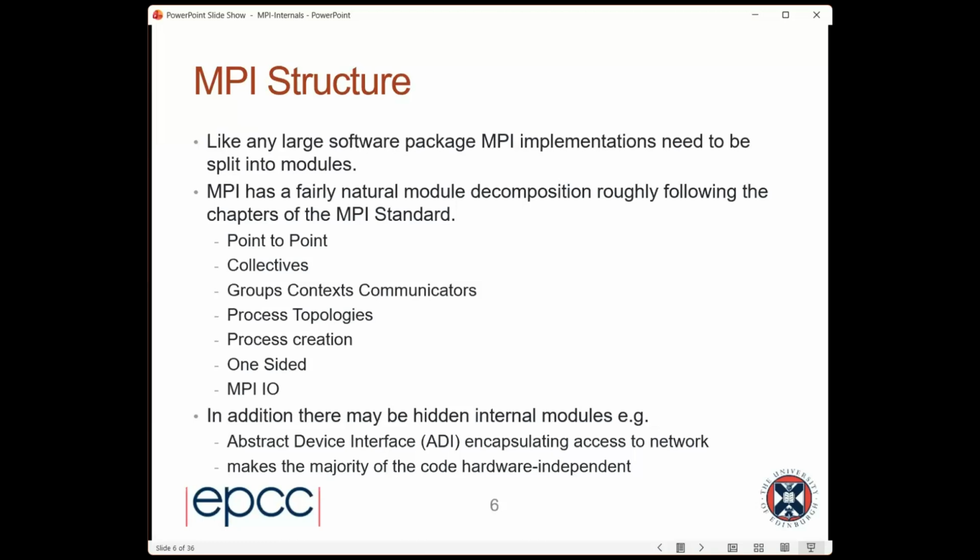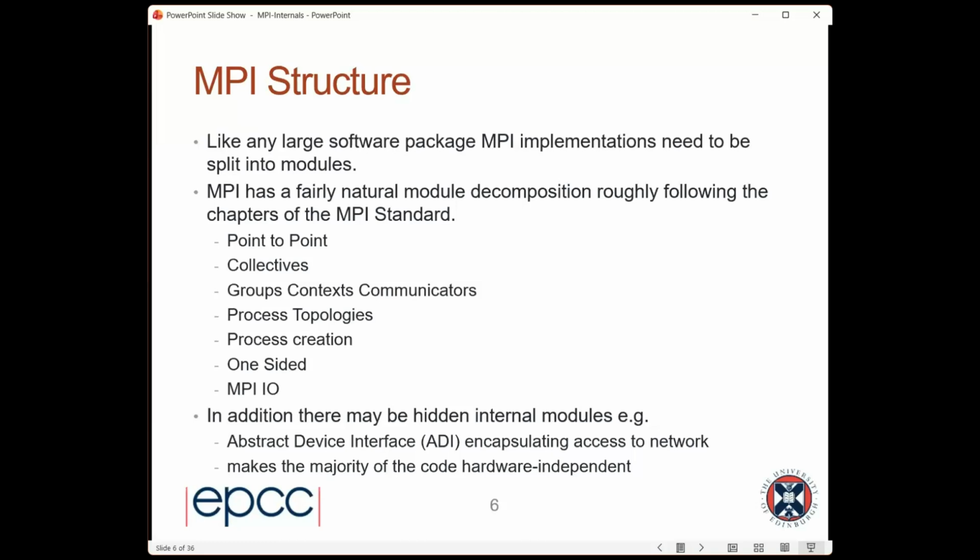So for example, MPI implementations are written to be portable, to be able to take an MPI library and implement it on different hardware. So a standard approach is to have most of the code hardware independent, but to have a small piece of code which is hardware dependent. That often involves access to the network. How you access the network may depend on what the network hardware is. Is it Ethernet? Is it InfiniBand?